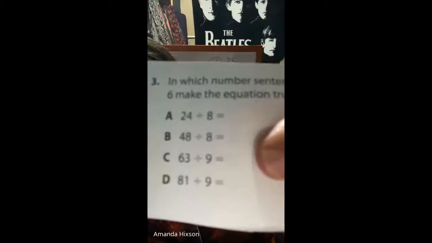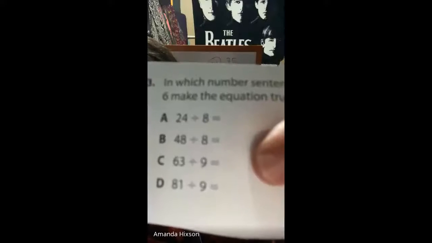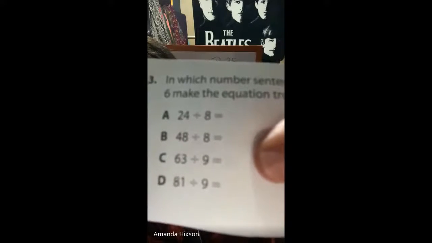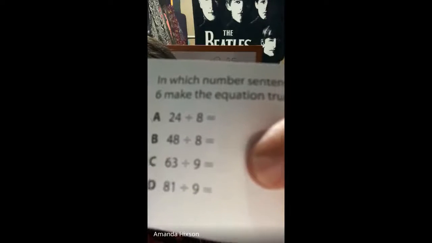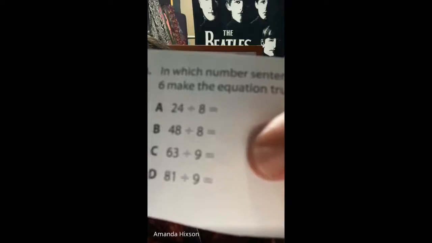The answer. A, 24 divided by 8 equals 6. B, 48 divided by 8 equals 6. C, 63 divided by 9 equals 6. Or D, 81 divided by 9 equals 6. Damarian, what do you think the answer is?